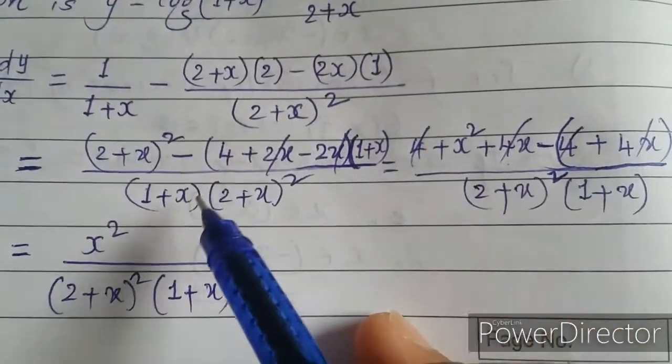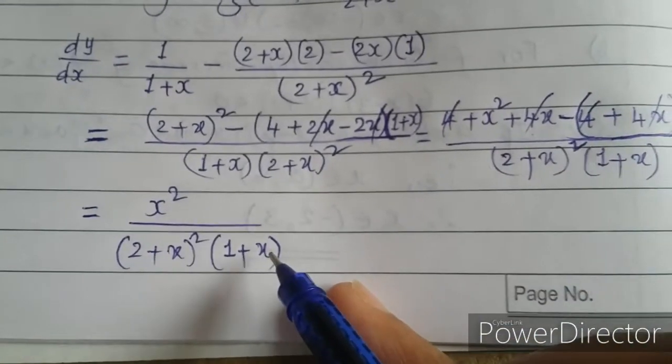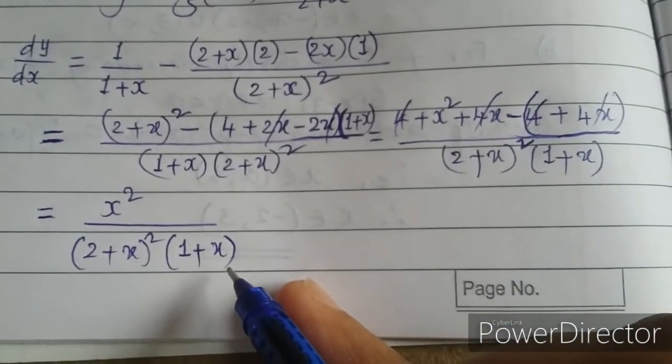On simplifying, we get like this, x square by 2 plus x whole square into 1 plus x.